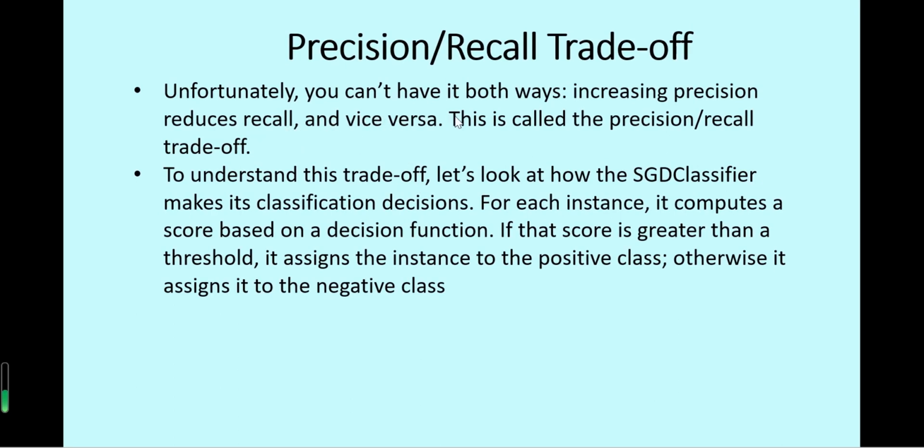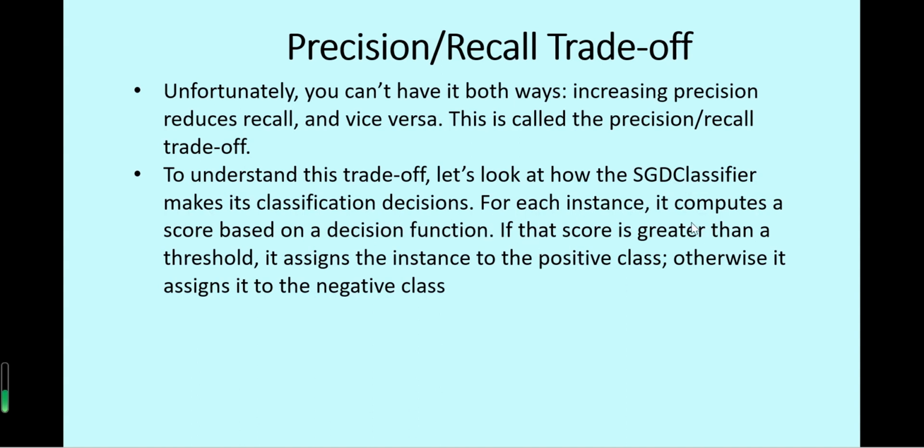Unfortunately, you cannot have it both ways. Increasing the precision sometimes reduces recall, and if you increase the recall, sometimes you will decrease the precision. This is called the precision recall trade-off. To understand this trade-off, let's look at how the SGD classifier makes its classification decisions.